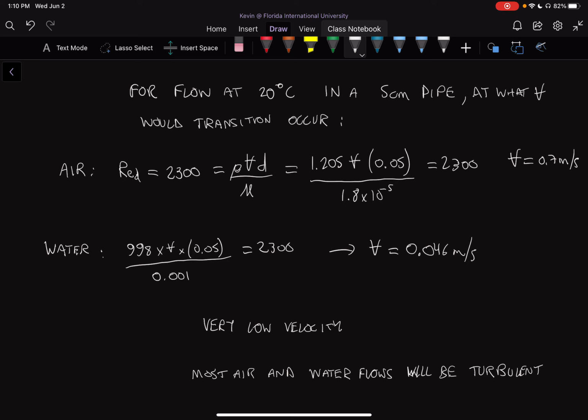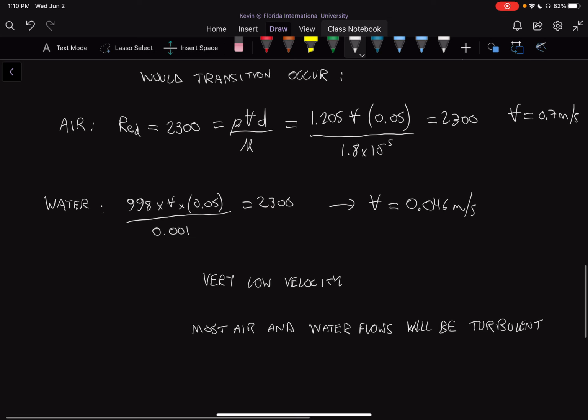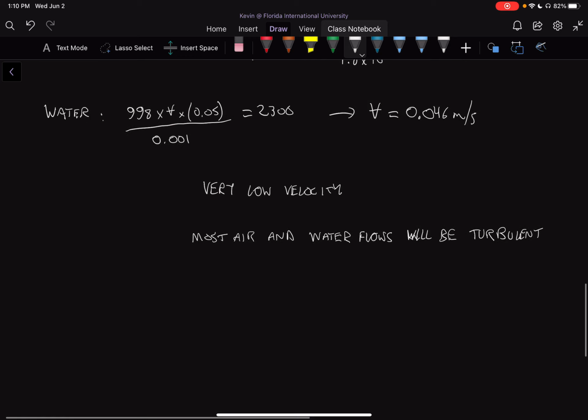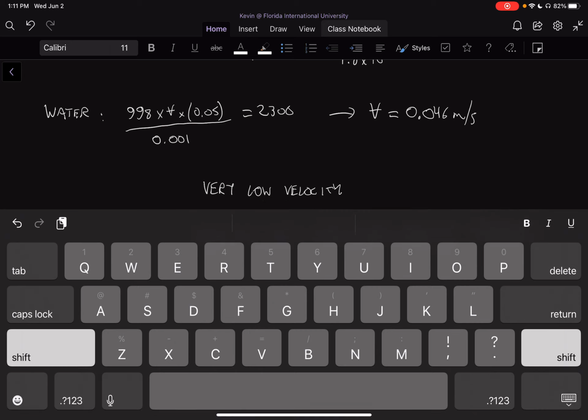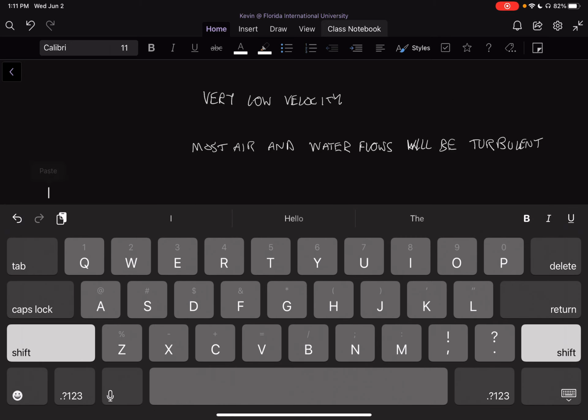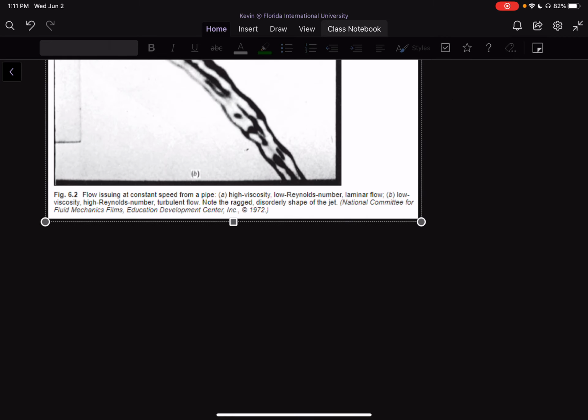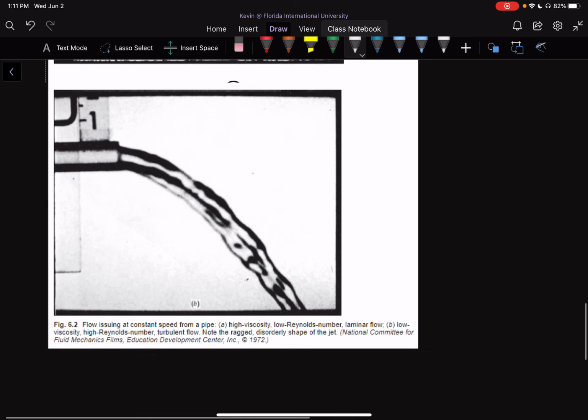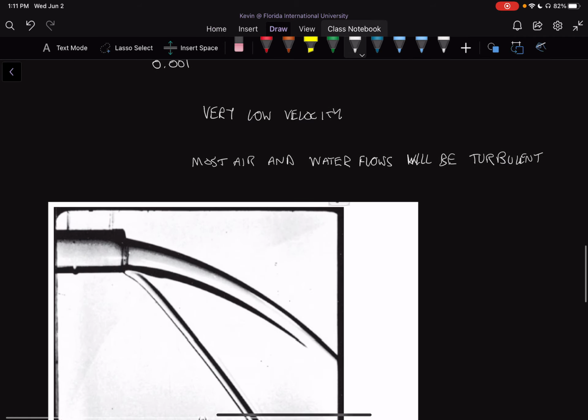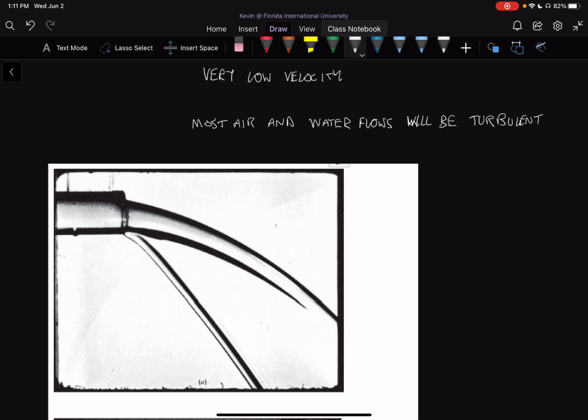And so that means that we really want to try and figure out a solution for turbulent flow. But in order to understand turbulent flow, we're going to go through and solve for laminar flow first, and then look into turbulent flow.